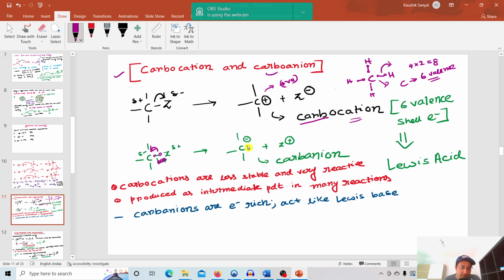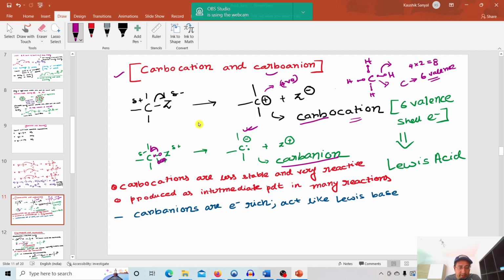Previously these 2 electrons were shared between the carbon atom and the Z group, but now they are wholly centered on the carbon atom. So the carbon atom has an excess negative charge. That's why it is called a carbanion. Carbo means the center is made of carbon, and because of the negative charge, it is called a carbanion.